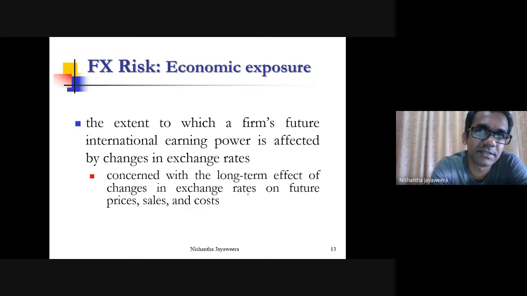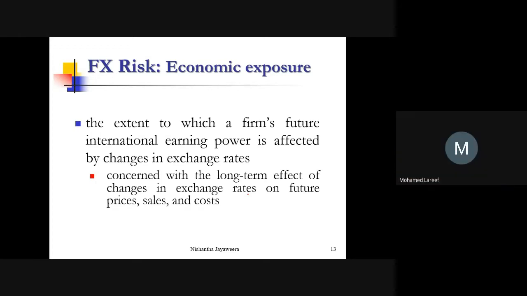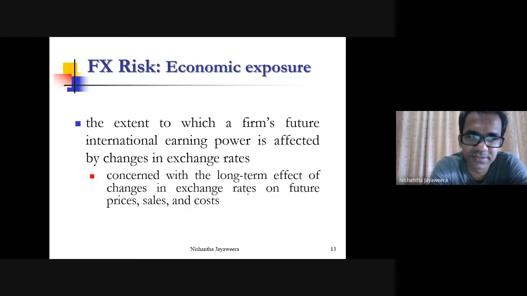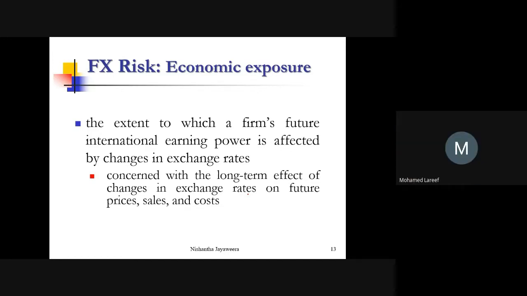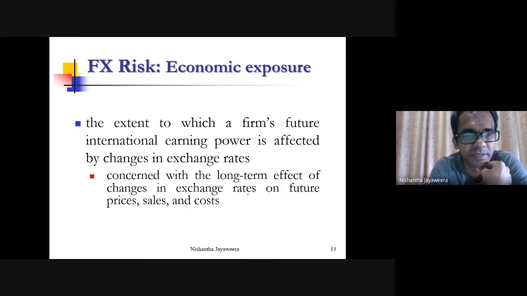Translation exposure appears in the balance sheet. The transaction doesn't appear, because basically it's in the local currency. It arises from the balance sheet, you would say. But normally, in the P&L, whatever the outstanding change, it will go to the P&L.